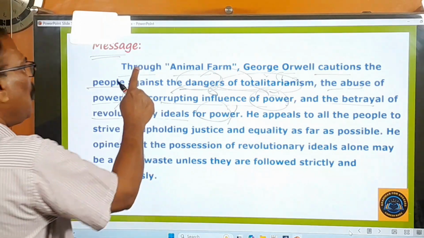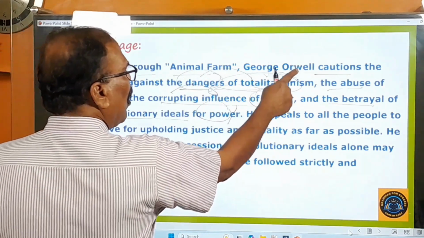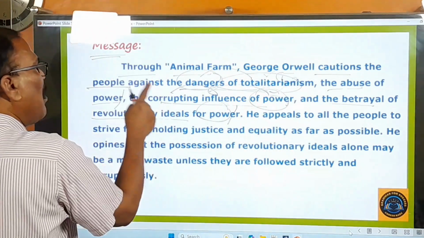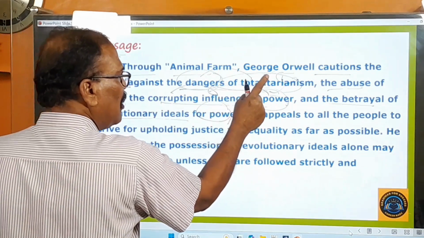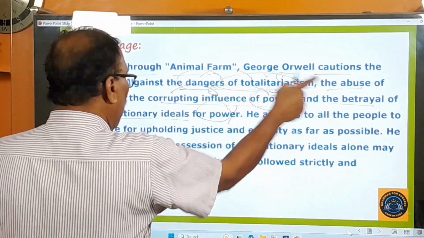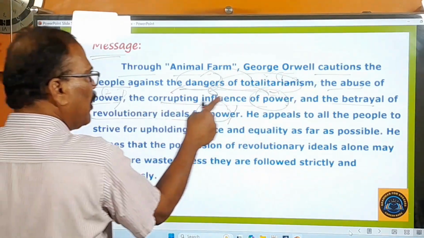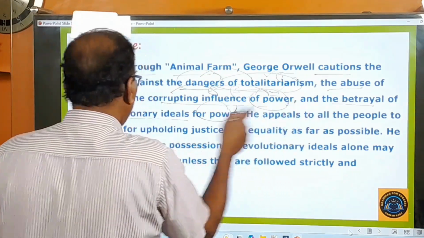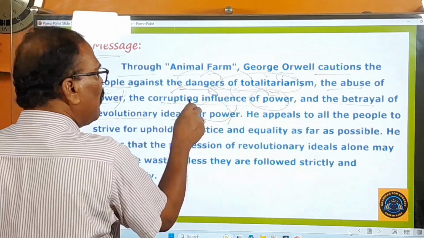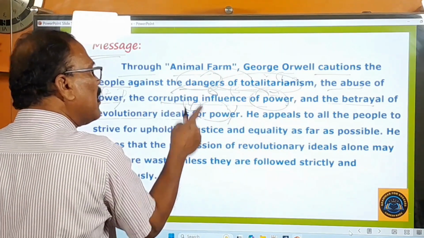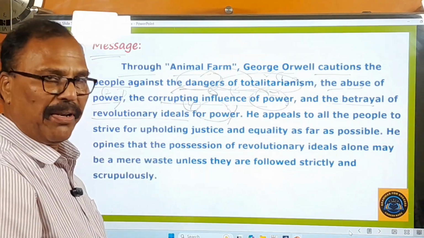So through Animal Farm, George Orwell is cautioning the people against the dangers of totalitarianism: first, the abuse of power; second, the corrupting influence of power; third, the betrayal of revolutionary ideals for power. These are the things he is cautioning all the people about.